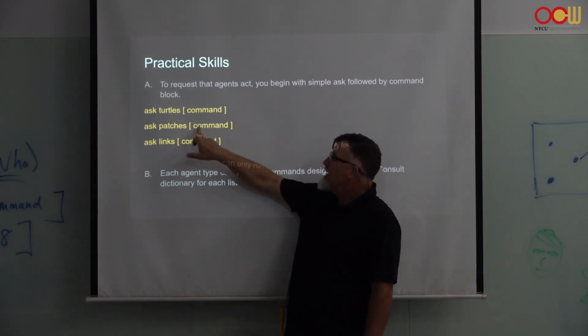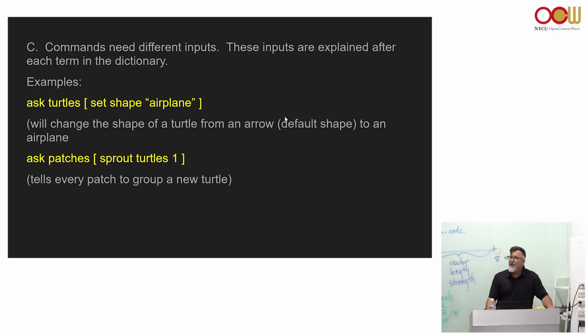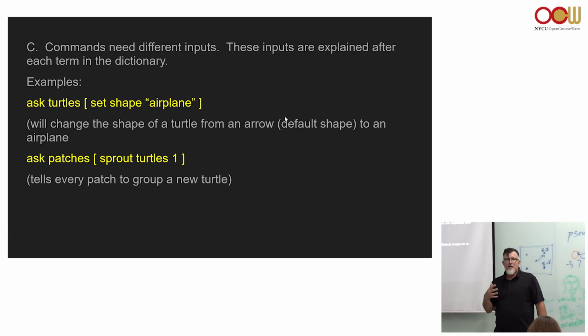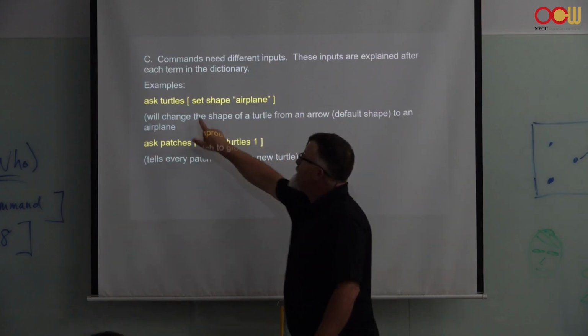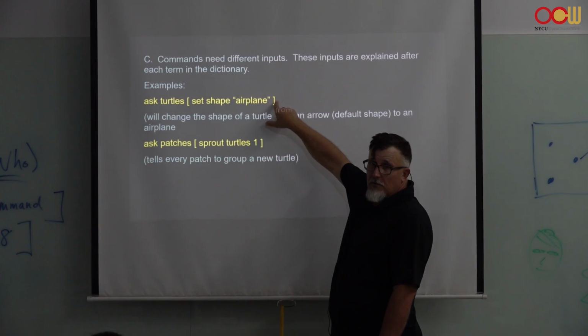But ask, and then you give commands. Commands, depending on the nature of the command, will need varying inputs. Ask turtle to do something, and then you're going to have to put something in those brackets. Whatever you're asking always goes between these two square brackets.